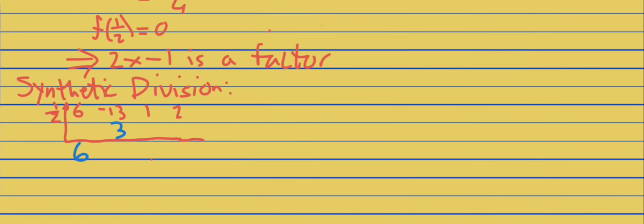Now remember, we add the columns, unlike in long division where we subtract. So negative 13 plus 3 is negative 10. And then negative 10 times half is negative 5.